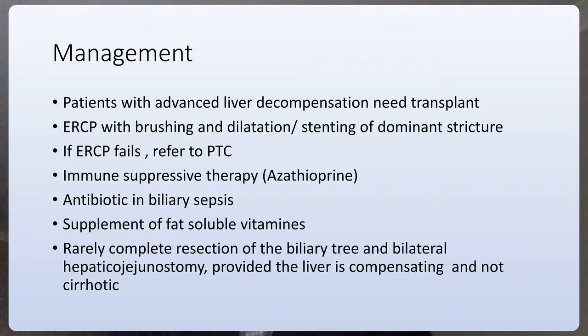Now, because these patients have a poor absorption for fat and they often have steatorrhea, they will need some supplement of fat-soluble vitamins, particularly vitamin K. The role of surgery is very limited in primary sclerosing cholangitis, apart from if there is a gallbladder cancer that can be treated in the usual manner, provided the patient is compensating with their liver function or Child-Pugh class A. Also, there's a dominant single stricture that could be malignant, then that can be resected.